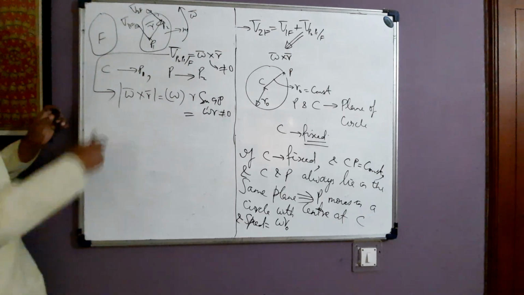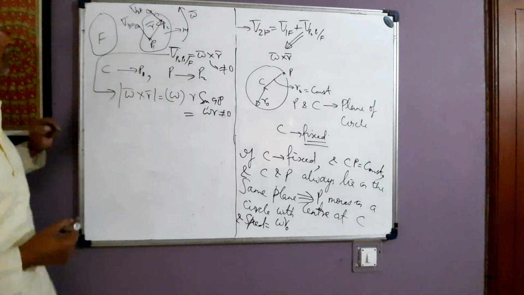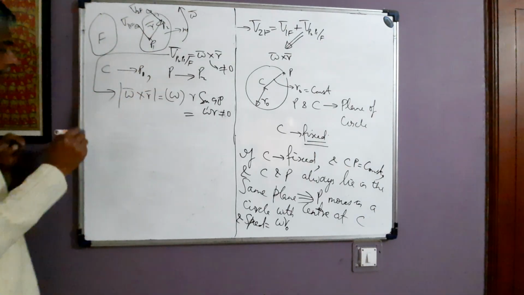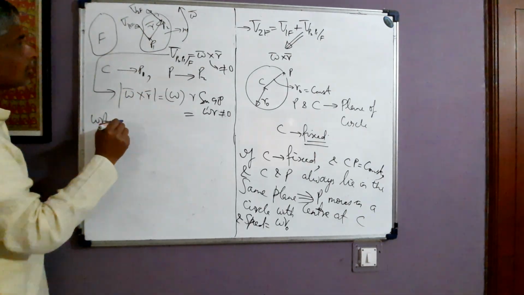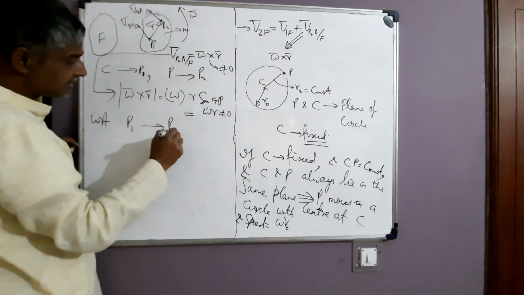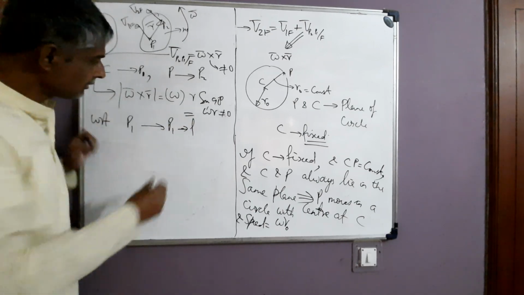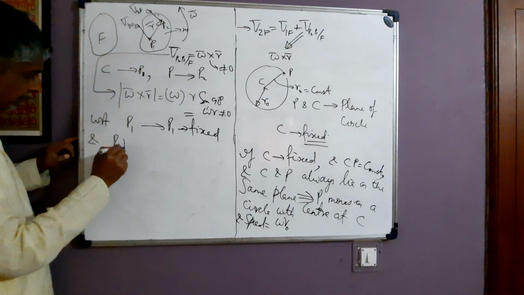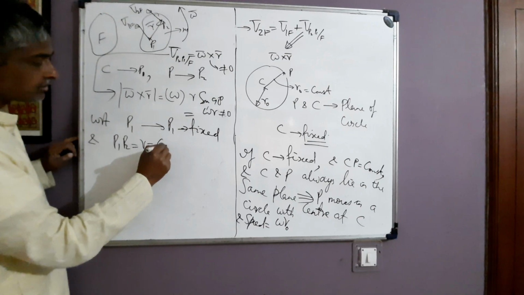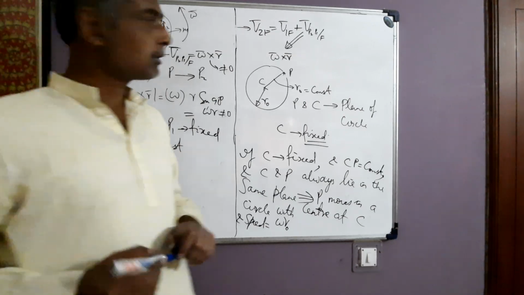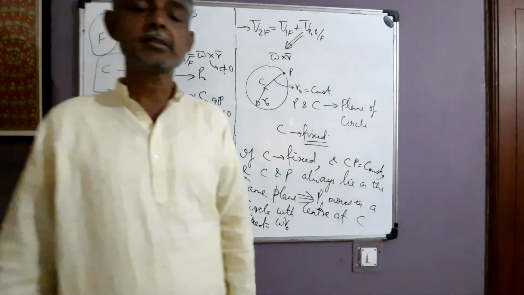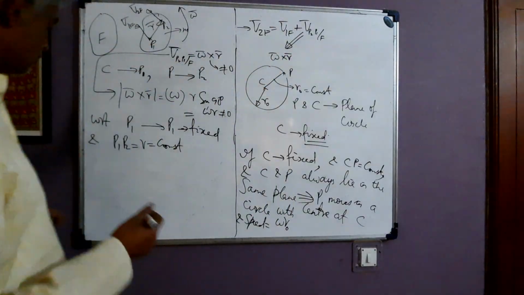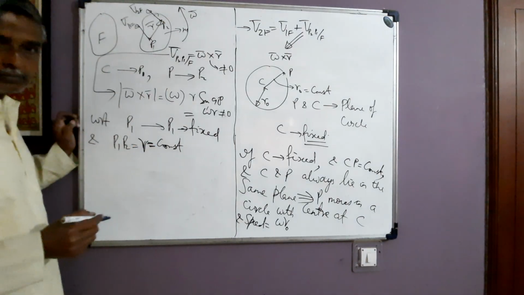Now we apply this concept here. Instead of C we take P1 and instead of P we take P2. With respect to P1, P1 is fixed, definitely with respect to itself. The distance P1P2 is equal to R, constant, because P1 and P2 are two locations of rigid body M, and it is a property of a rigid body that the distance between any two locations is constant.